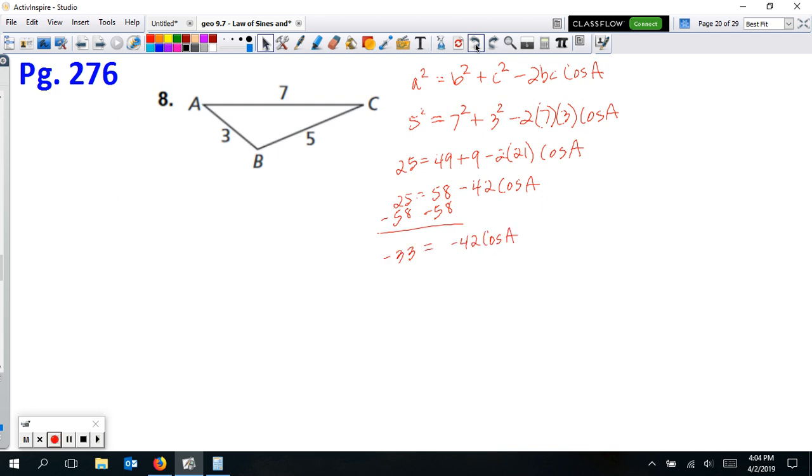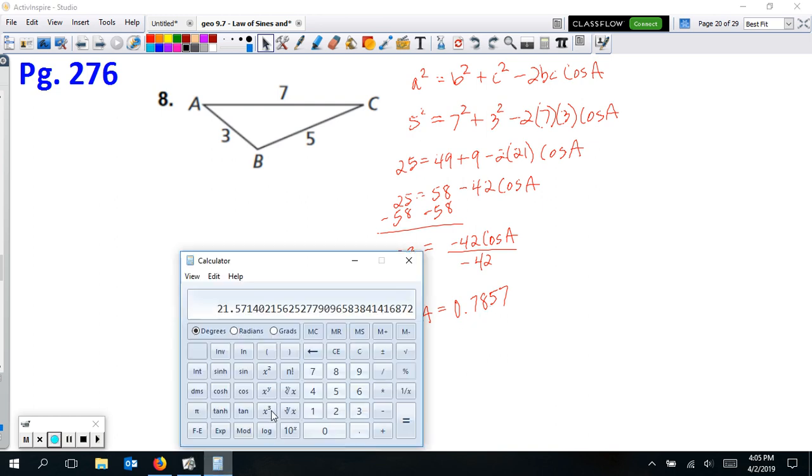So that's going to give me a negative 33 is equal to a negative 42 times the cosine of A. And then I got to get rid of this negative 42 in front of this cosine of A. So that means I have to divide both sides by the negative 42. So that's going to give me a positive number now here. As I figure out, I got these cancel out. I have cosine of A is now equal to a positive, this decimal right here.